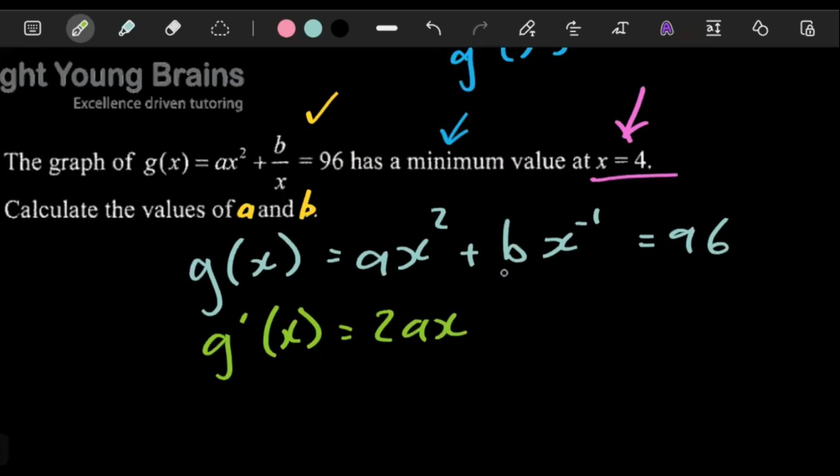Negative 1 times b is negative bx. Negative 1 minus 1 is negative 2. Oops, that part was not necessary, because what matters is that this is the equation of the graph. The equal to negative 96 just forms part of the description for now.